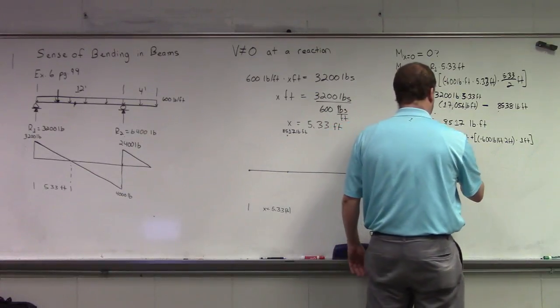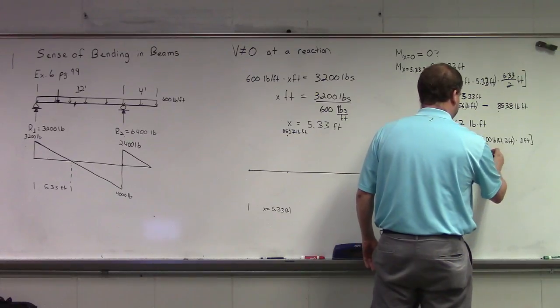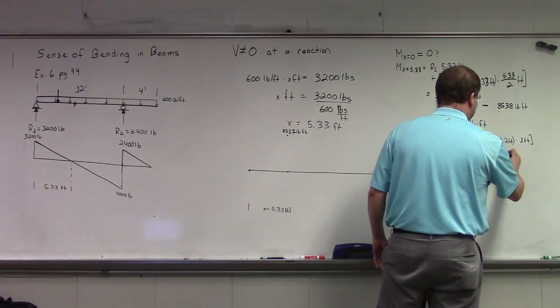So we have 6,400 pound-feet minus 1,200 pound-feet.